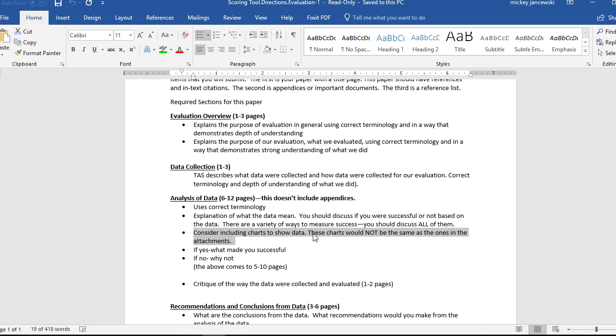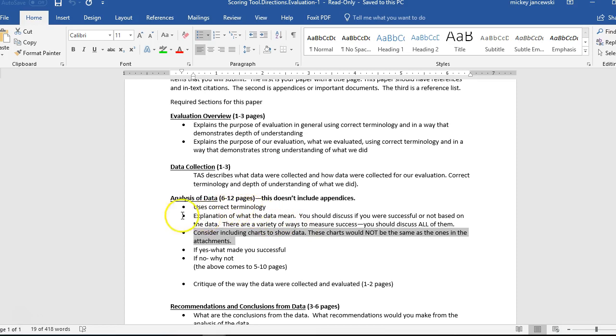If you can see how that would help you tell your story, then feel free to include bar graphs or circle graphs. However, do not just put them in there because you think I need them. I only want you to put them in there if it helps you tell a story. If it doesn't help you tell your story, then do not put them in there.